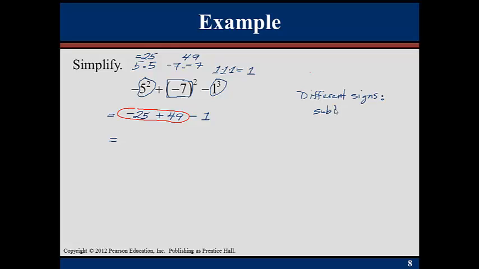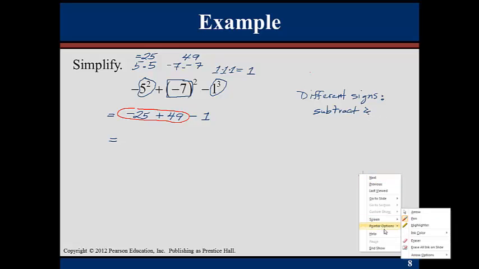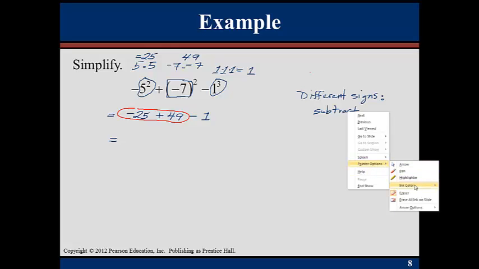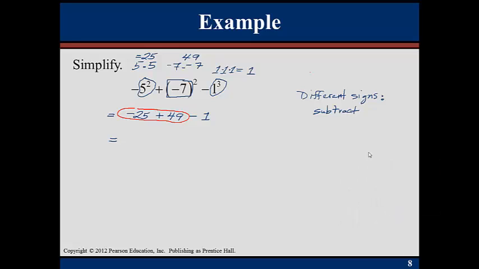Subtract and keep the sign of the bigger number. So negative 25 plus 49, well, I would do 49 minus 25, which is 24. And then because 49 was the bigger number and it's positive, it's going to be positive 24. So now we have 24 minus 1.